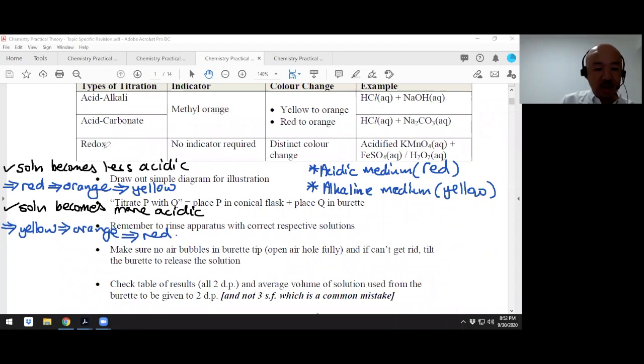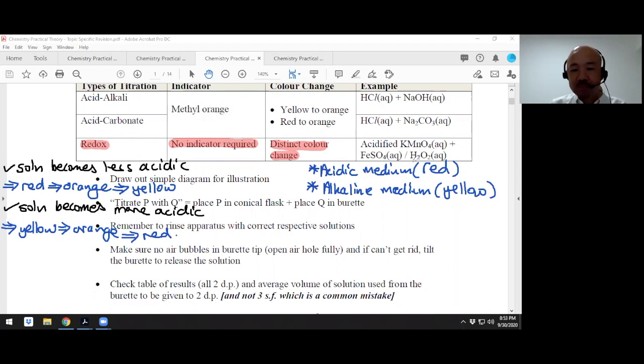Next up, we have the redox titration. Usually, no indicator is required for a redox titration, because there's a distinct color change in the experiment. One of the species will change color and it'll be distinct enough for us to take note.